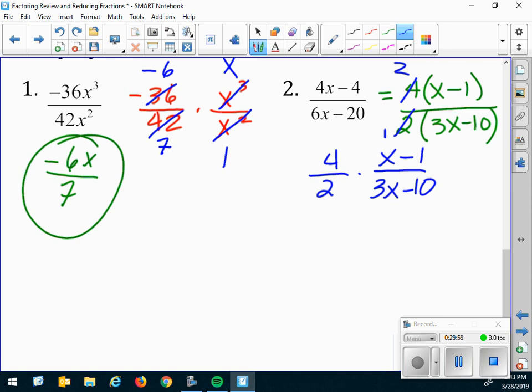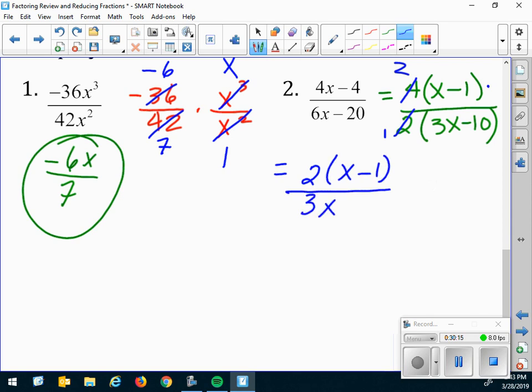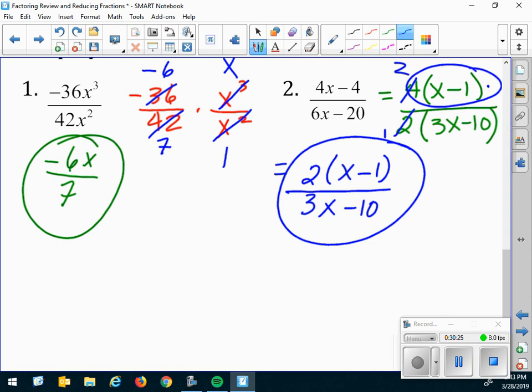You can't do that because you have to be able to factor out that whole thing since it's in parentheses. So your answer right here is 2 times x minus 1 over 3x minus 10. If you're going to factor out anything in here, you have to factor it all out at one time.